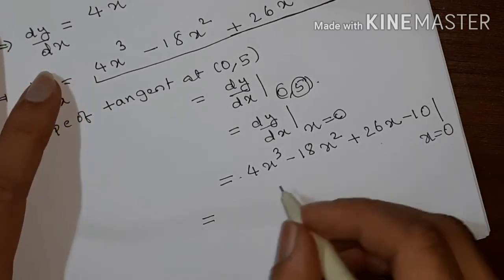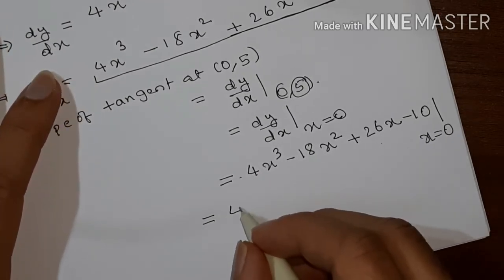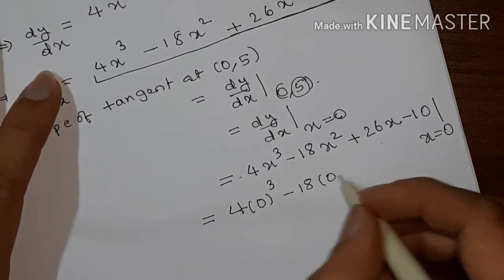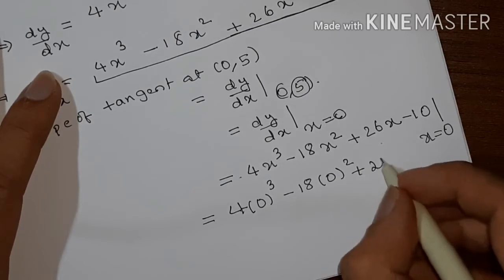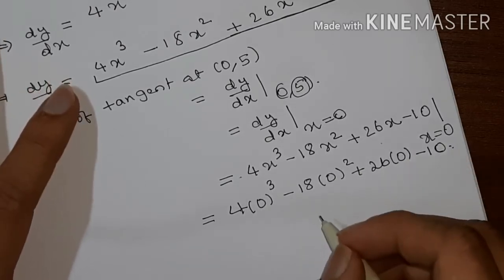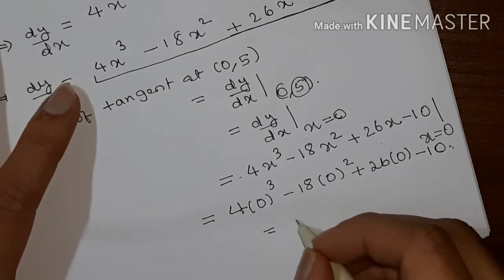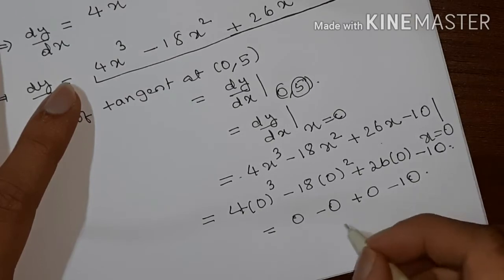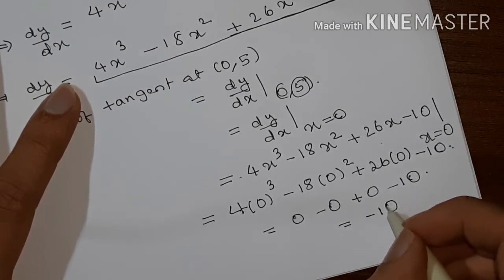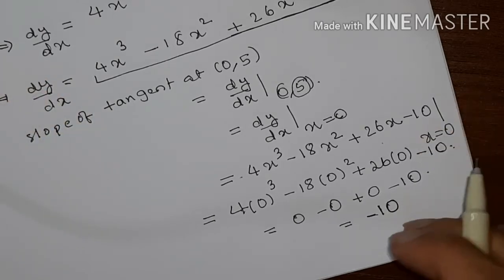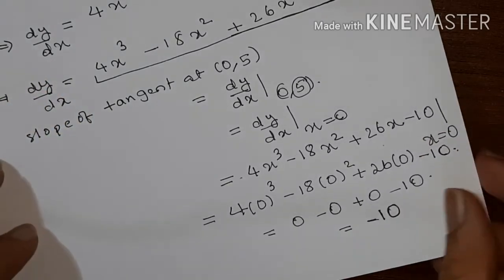If you substitute x equal to 0 in this, you will get 4 times 0 cube minus 18 times 0 square plus 26 times 0 minus 10. That is 0 minus 0 plus 0 minus 10, which is nothing but minus 10. So the slope of the tangent is minus 10.